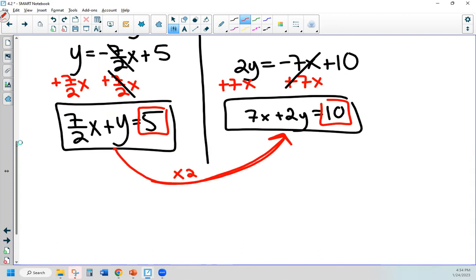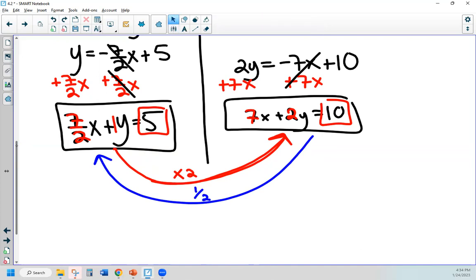And hopefully that makes sense because this is a 1, and if you multiply that by 1, you get 2. And then 7 over 2, if you multiply that by 2, you get 7. Now, the same thing happens if you want to go backwards. You still multiply by a number, but that number is 1/2. Something tells me you guys like the number 2 better, so multiplying by 2.